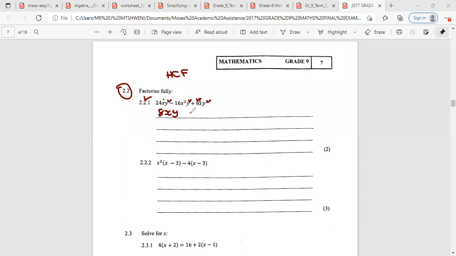Then I begin to factorize, but before that I use my strategy, which I recommend to all grade 8 and 9 learners.